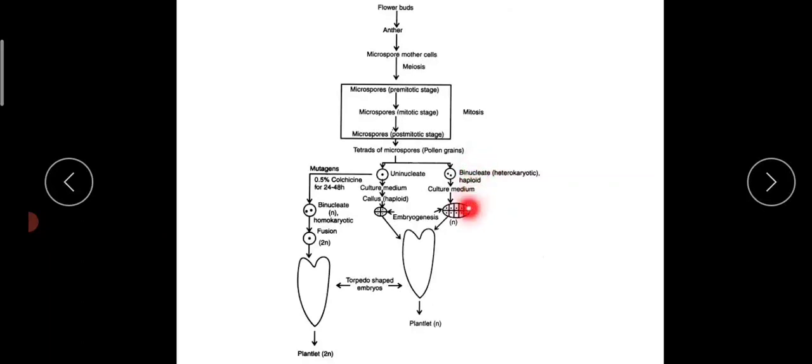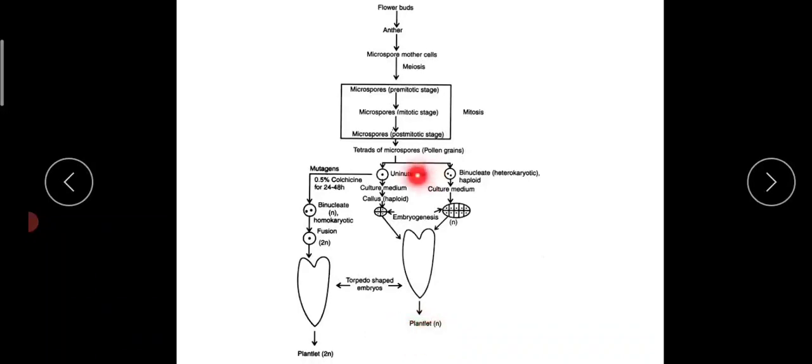In binucleate, if the pollen grain or the microspore is binucleate, it is inoculated to a culture medium and it undergoes division to produce embryos, and from that embryos plantlets will be developed. Or if it may be uninucleate, that also may be cultured in a culture medium to produce a callus, and callus undergo embryogenesis to produce embryos, and embryos are then regenerated to plantlets.